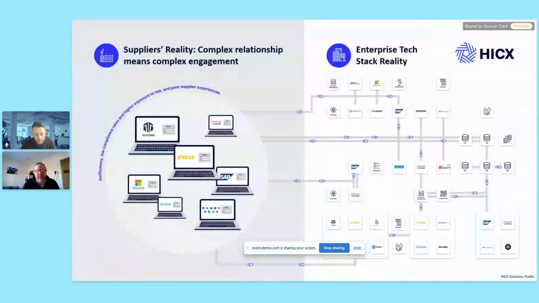And then if we were to visualize what's going on here, from an enterprise tech stack reality perspective, there is a lot of complexity, but what we can see happening is a lot of that is being pushed over to the supplier. So the supplier's reality, the complex relationship and the complex enterprise tech stack which we have to live with, also means complex engagement for them, and that leads to inefficiency, can cause low compliance rates and higher exposure to risk, and poor supplier experiences.